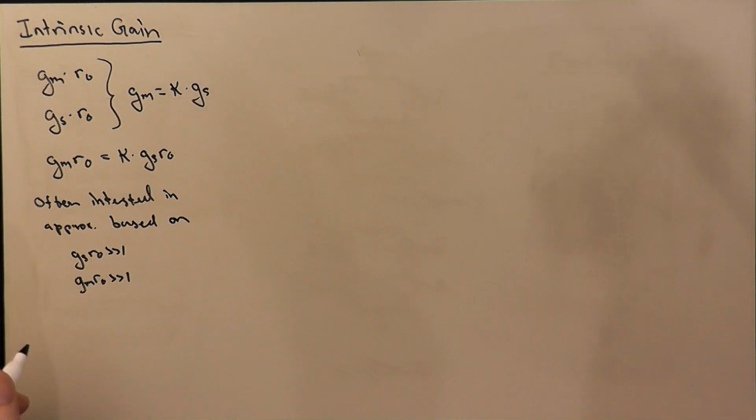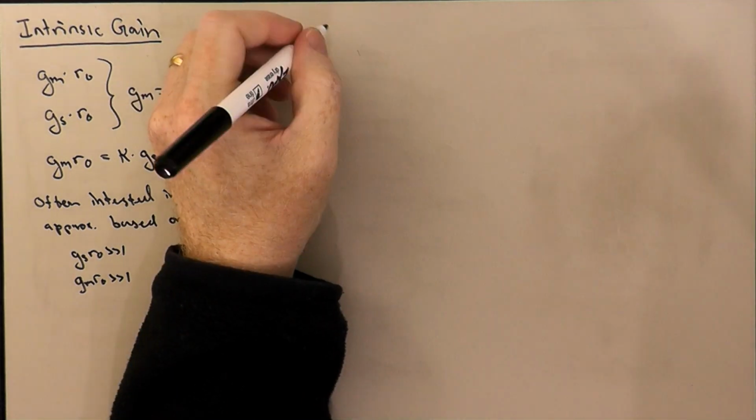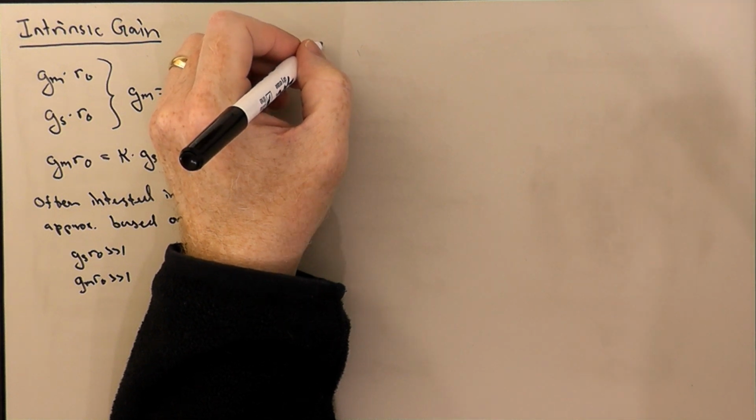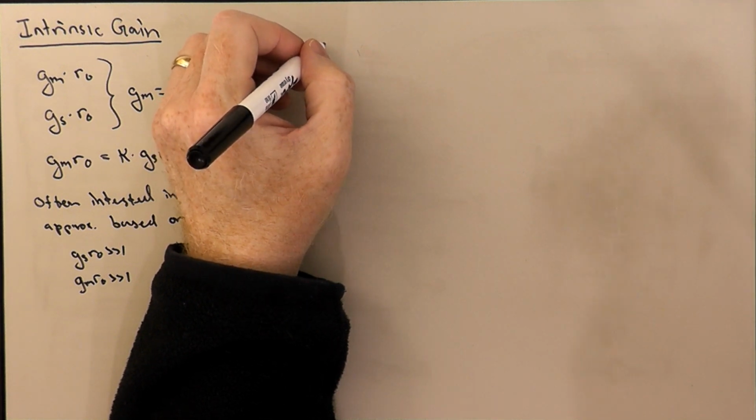But before we do that, I want to talk a little bit about sort of our simple theory for these things. So from the MOS transistor handout, I'm going to focus on the GS RO intrinsic gain.